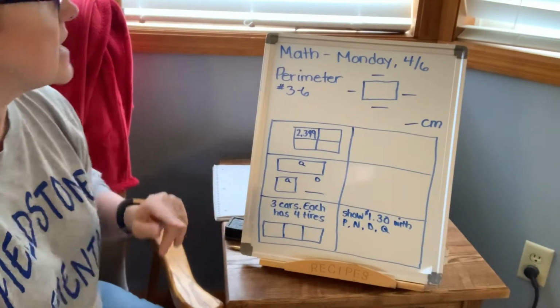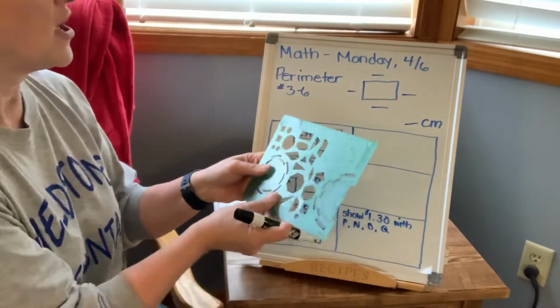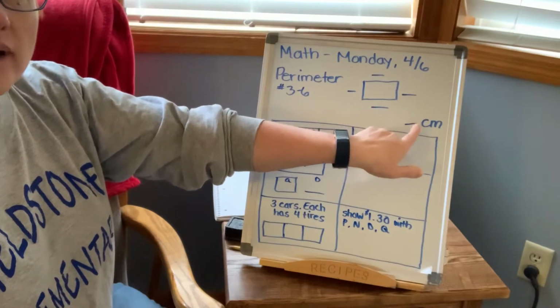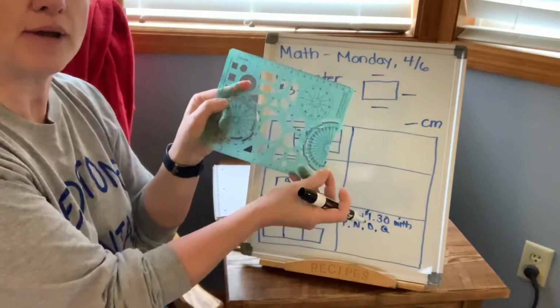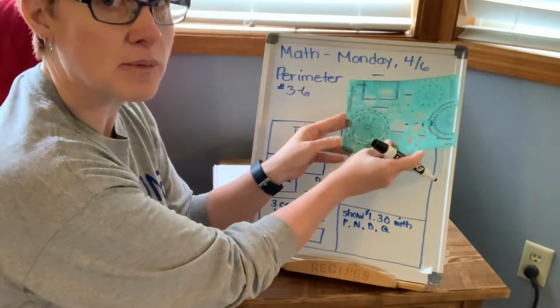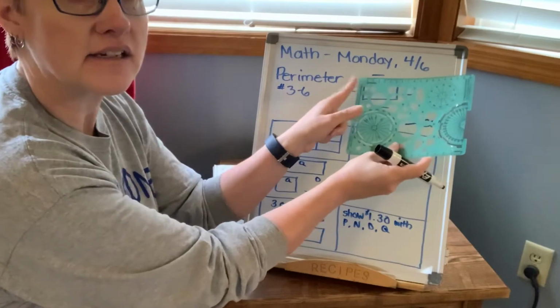Numbers 3 to 6. And what you're gonna do is you are going to measure. So it'll tell you what it wants you to measure in. This one, it's gonna be centimeters. So I'm gonna take my ruler and I start at 0. Remember, that's the most important thing, is that you start at 0. Don't start at the end because it's going to give you a wrong number.